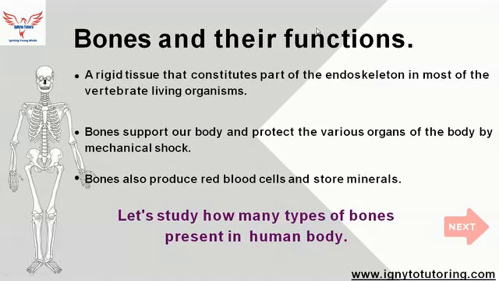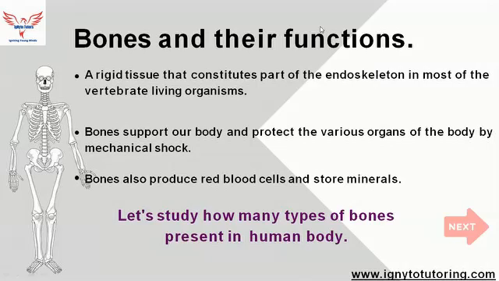Bones support our body as well, and protect the various organs of the body from mechanical shock. Bones also produce red blood cells and store minerals. One of the important functions of bone is endocrine regulation.